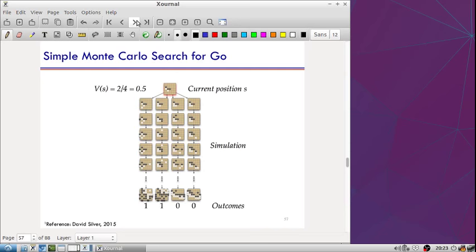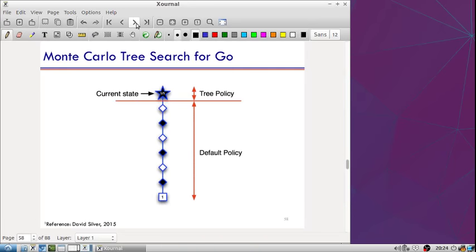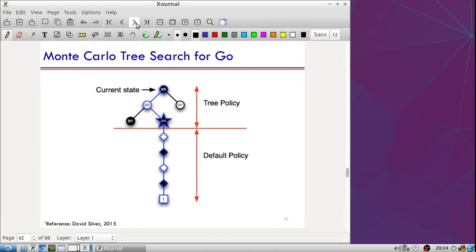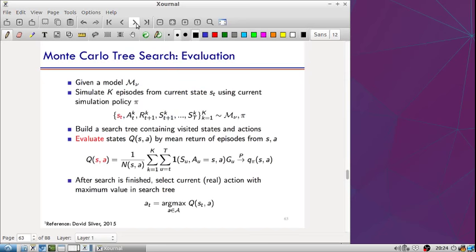In a current position, you just use the simulation policy and roll out all the way to the end. You lost here, here there's some reward, here there's some reward, and then just go back and attribute that to each of the actions and take the action which is the highest one. Okay, let me skip Monte Carlo tree search because we don't have time at all.